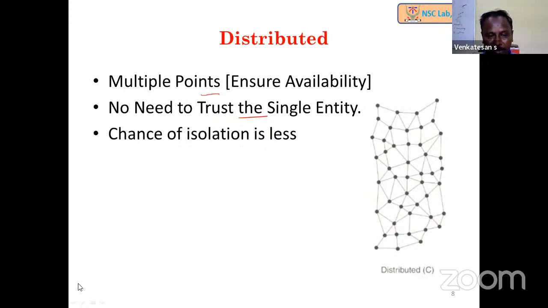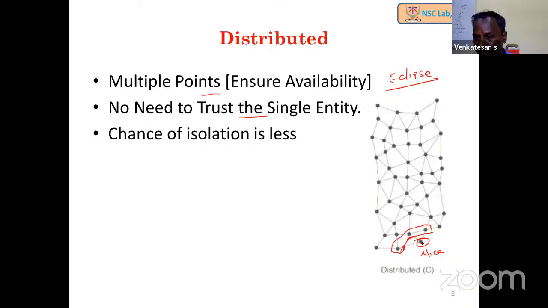And there is an attack called eclipse attack, which I have added in the end. So let's see how that attack is possible. Now let's say that this particular guy is getting connected with 1, 2, and 3. Now it is possible that these 3 nodes are the colluders. They know each other, and these 3 are the attackers. And now this particular node, let's say Alice, is connected with them to connect to the network.